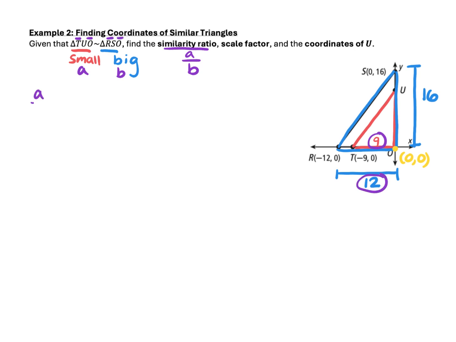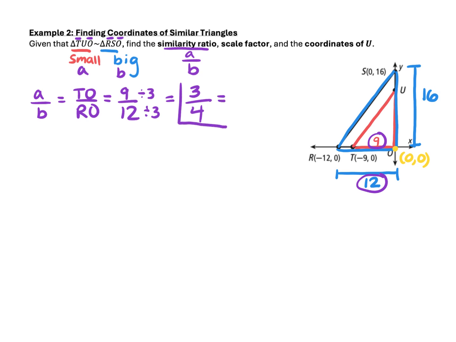So for my A over B ratio, I'm looking at TO over RO. Those are the corresponding parts, and that's 9 over 12, which we can reduce either with the fraction button or just by dividing by 3. And that gives us a similarity ratio of 3 over 4. So that right there is our similarity ratio.